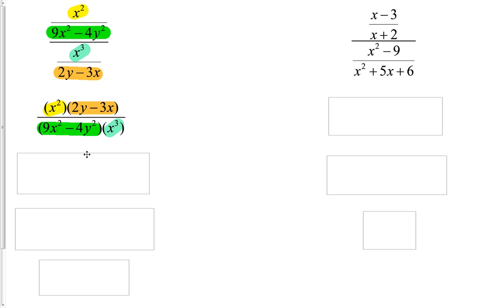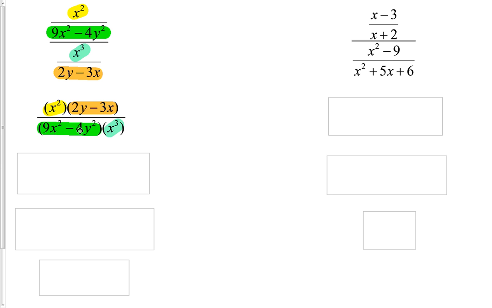To take this to the next step, to simplify this out, we need to find our common factors. Looks like we have some x's in common, but this here could be simplified further. We see x and y squared terms, and there's a difference here.